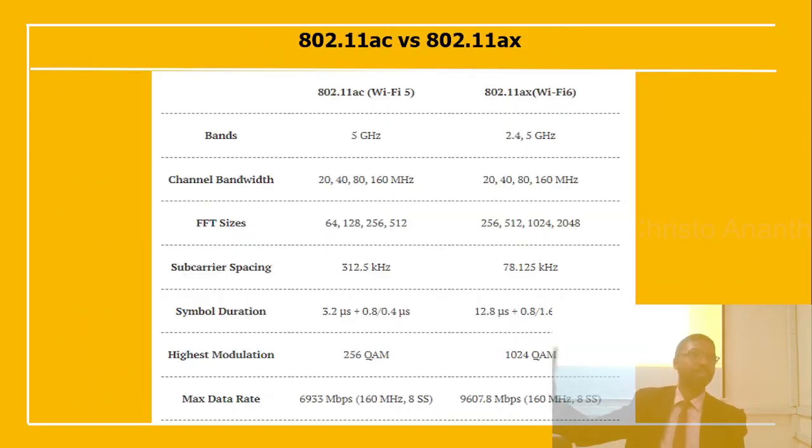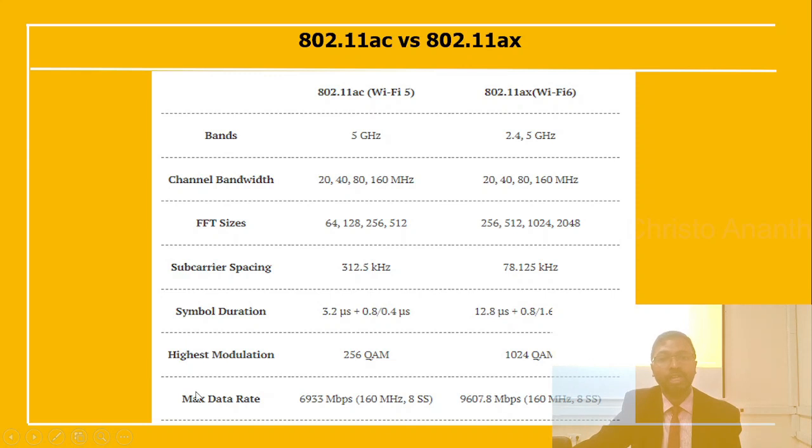So this is the comparison of the last two, Wi-Fi 5 and Wi-Fi 6. Bands: 5 GHz here, 2.4 and 5 GHz here. Channel bandwidth 20, 40, 80, 160, same. FFT, fast Fourier transform sizes: 64, 128, 256, 512 here; here you see 256, 512, 1024, 2048, higher.